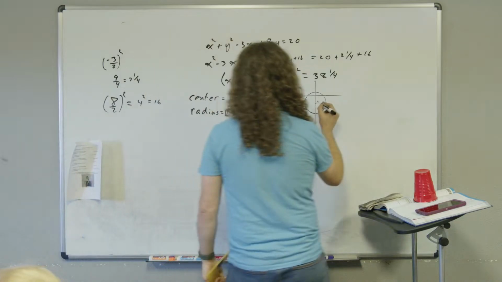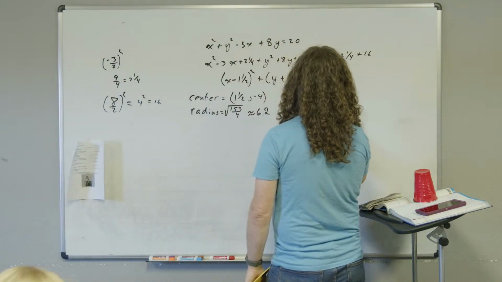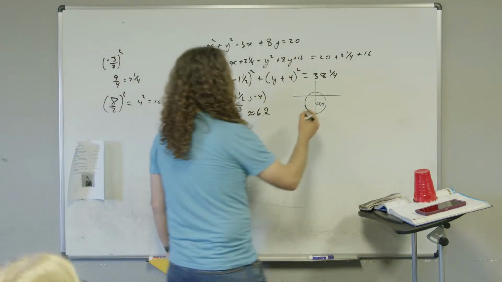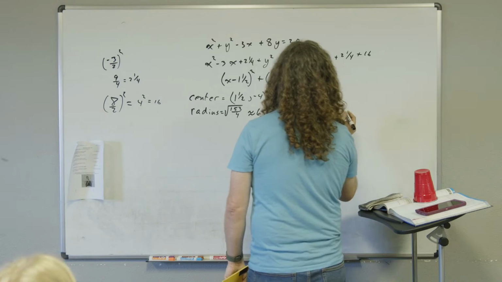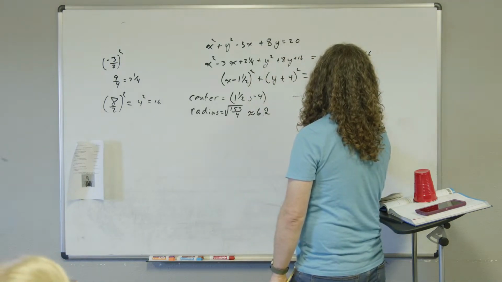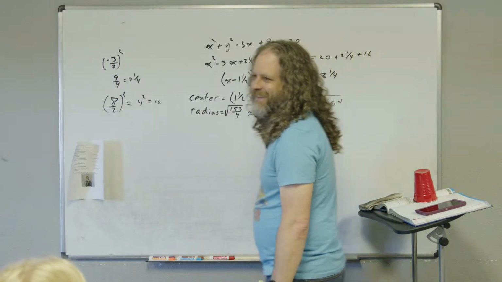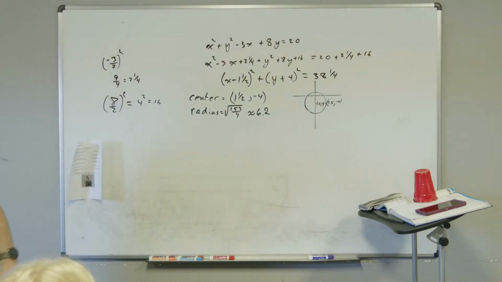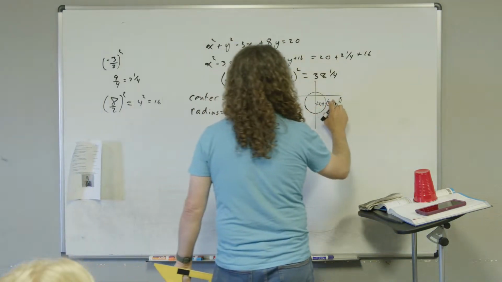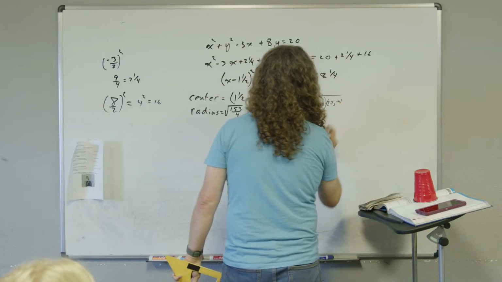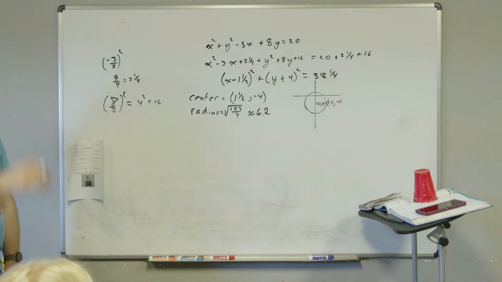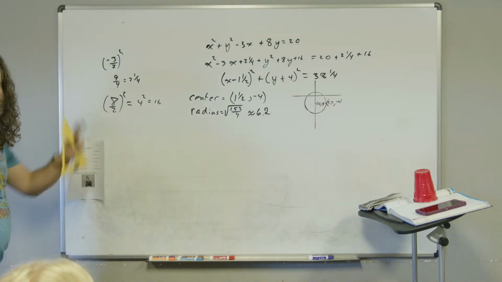So the center is 1.5, negative 4 because I said so. This dot right here is at 7.5, negative 4 because I said so. And then actually it'd be at 7, because I said so. And you just label all that and then look, it's a circle that's perfect.